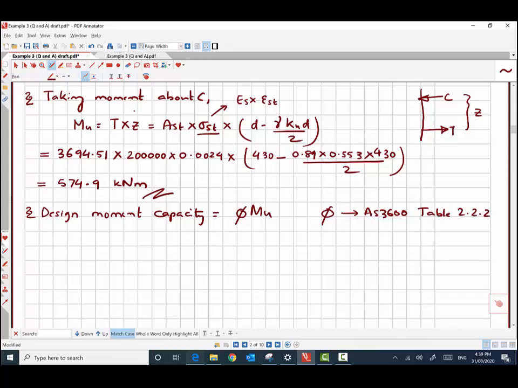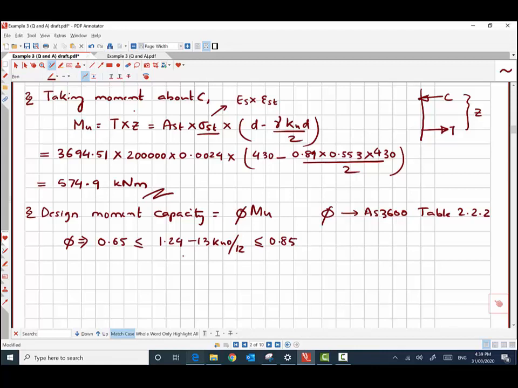As you can see, for AS3600 table 2.2.2 for flexure, that is for bending without axial tension, for N class reinforcement, as the question says, phi is given by, it should be between 0.65 and shouldn't be greater than 0.85.